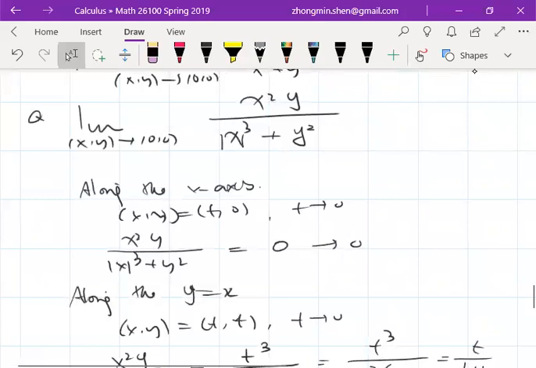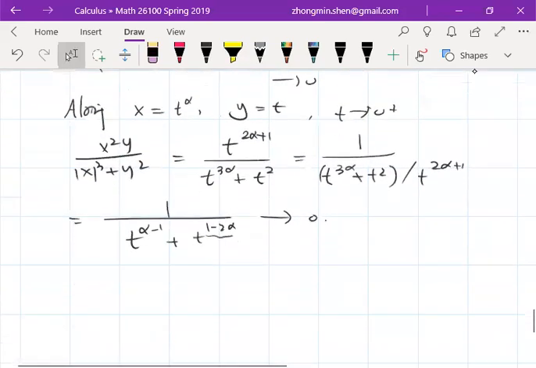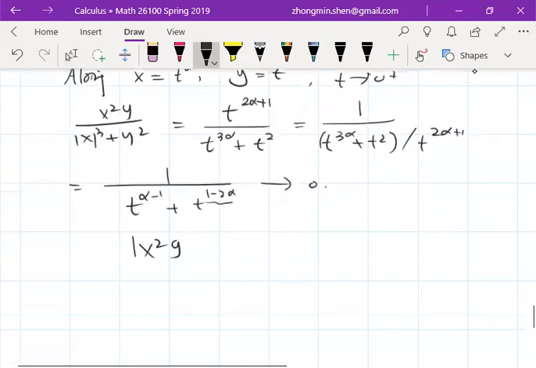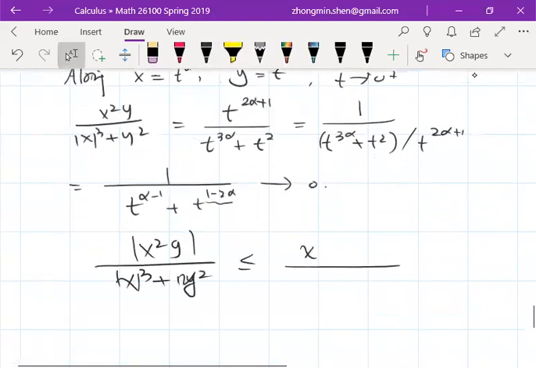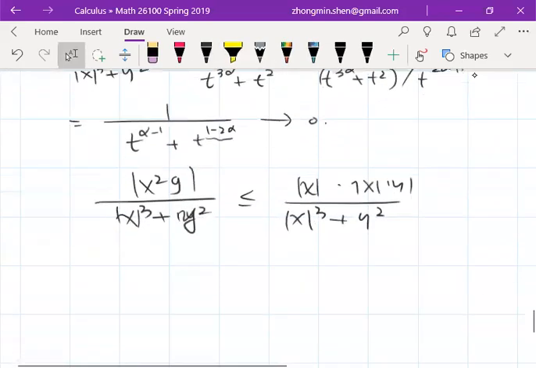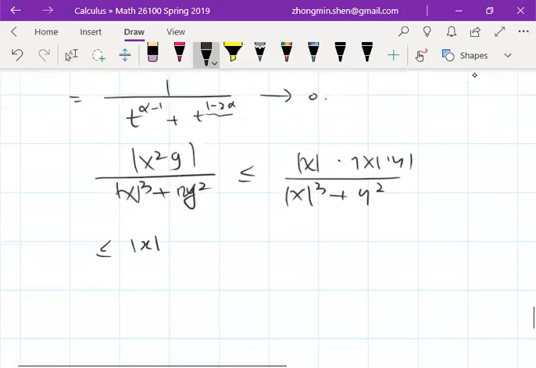You cannot use a direct argument, like the absolute value of x times y, you are not able to show this can be x squared plus y squared divided by 2.